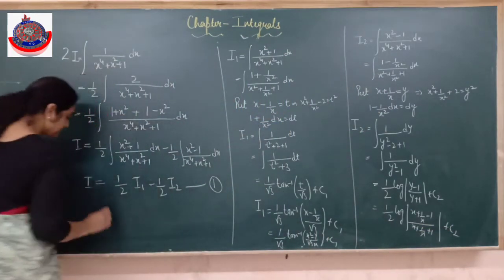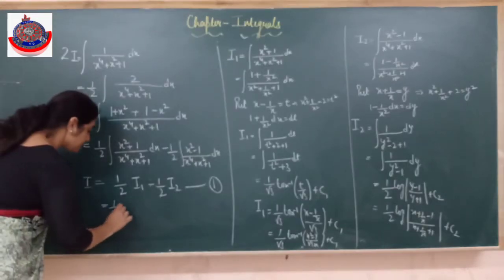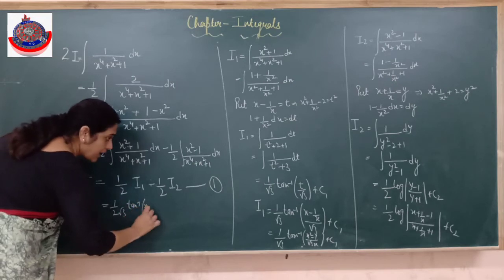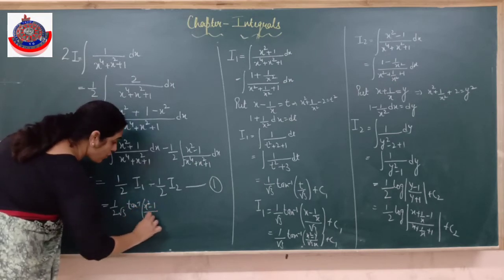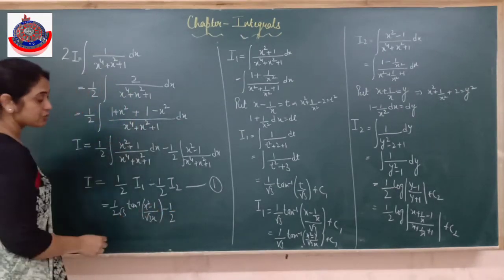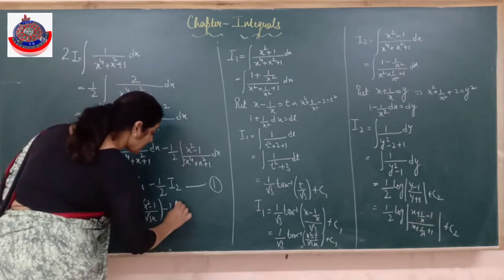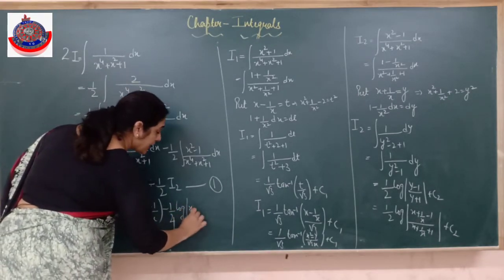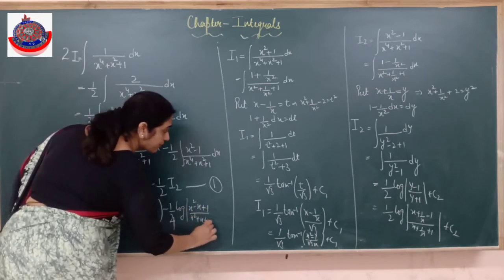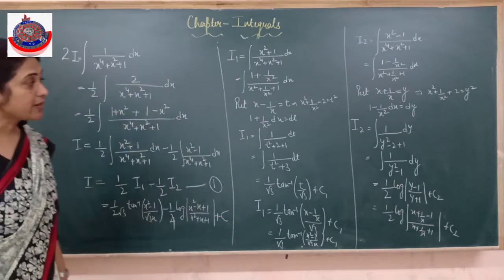So what do I get? 1 by 2 I1, that is root 3 tan inverse of x square minus 1 upon root 3x. And after taking LCM, if I simplify I2, I get 1 by 2 is already there. So 1 by 4 log of x square minus x plus 1 upon x square plus x plus 1, plus c1, and c2 will become some constant, let it be c.